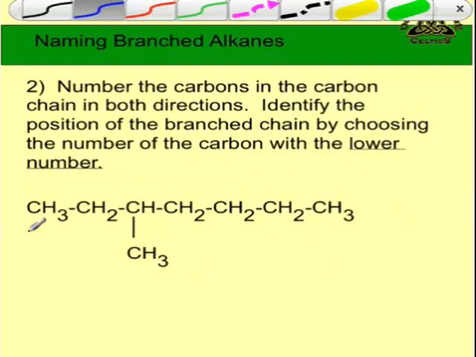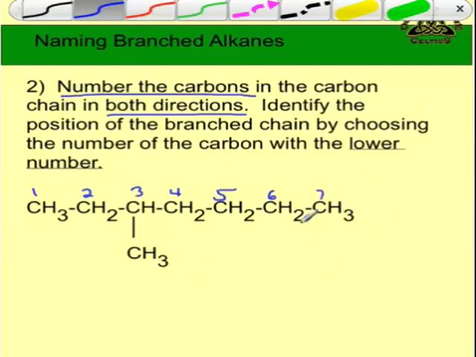The next step in naming our branched alkanes is to number the carbons in the carbon chain in both directions. So let's do that. If we start here, this would be carbon 1, this would be 2, this would be 3, 4, 5, 6, and 7.